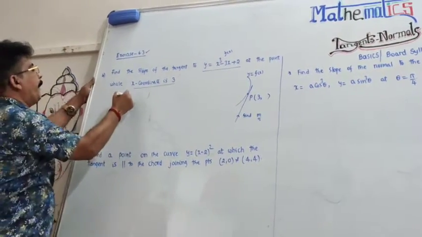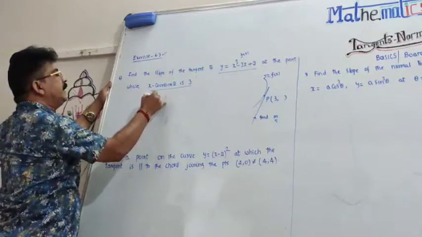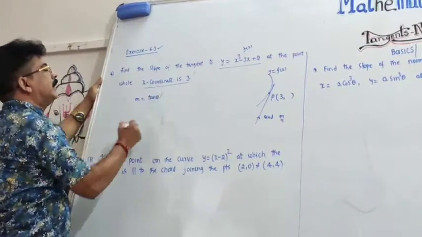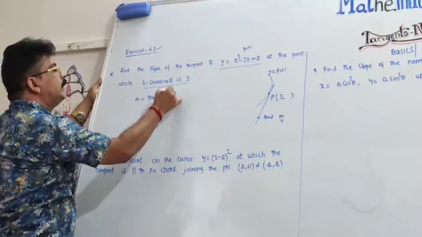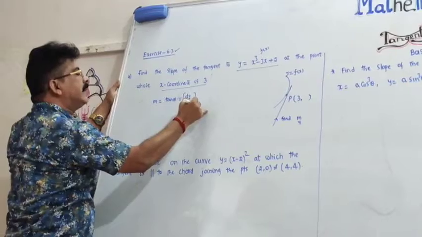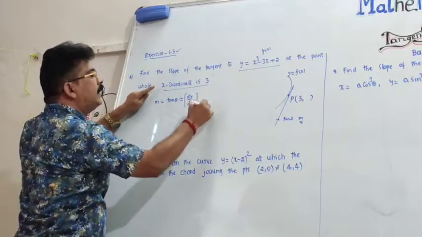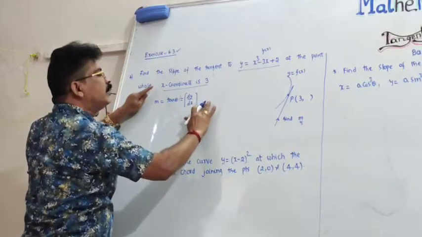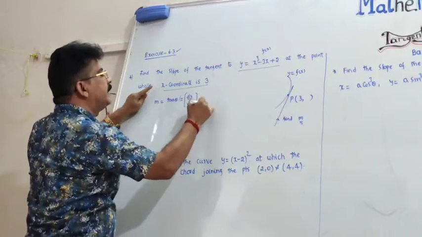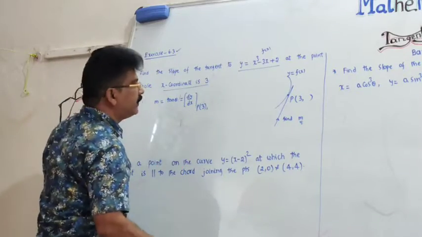Okay. Slope geometry: m equal to, actually it is tan theta. So that is equal to dy by dx at the given point P, where the x coordinate is 3. Y need not be written like that.